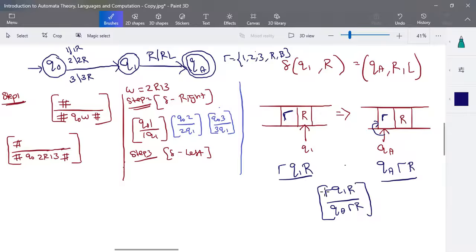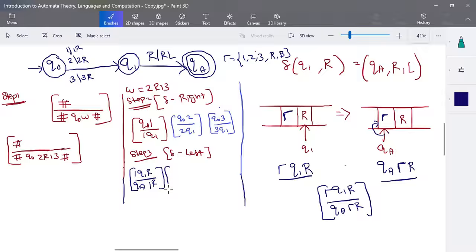This is very specific to left side moves. The reason is that when you are making a left side move, some element in the tape comes in between the domino. We cannot directly ignore this case. So when you are writing for all possible tape elements, the transition will look like this. If my tape element is 1, I have to rewrite this transition as 1 Q1R followed by QA 1R.